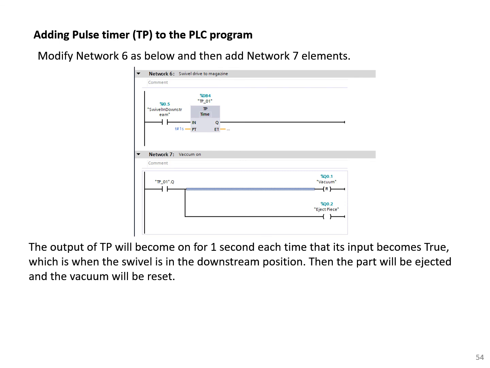And this is the eject piece, that blowing air to release the part. The output of the TP will become on for 1 second each time that its input becomes true, which is when the swivel is in the downstream position, then the part will be ejected and the vacuum will be reset.